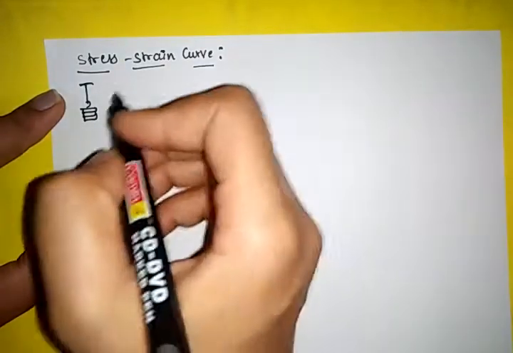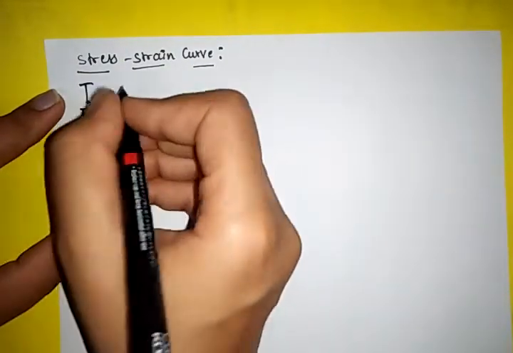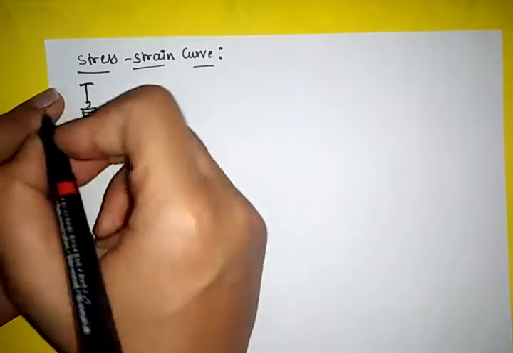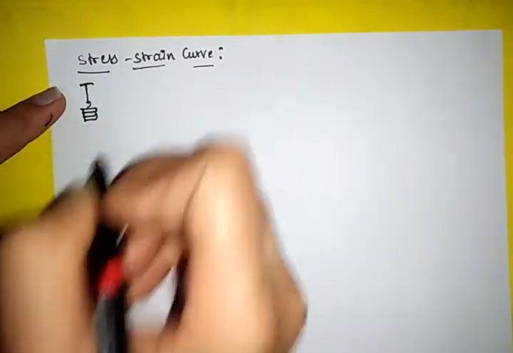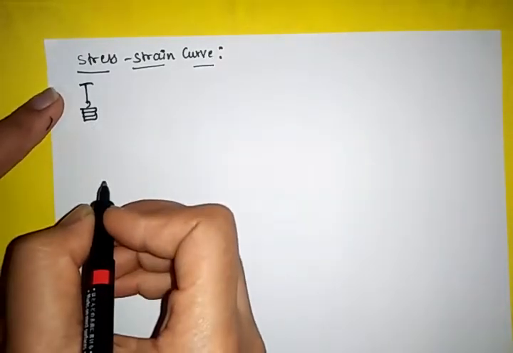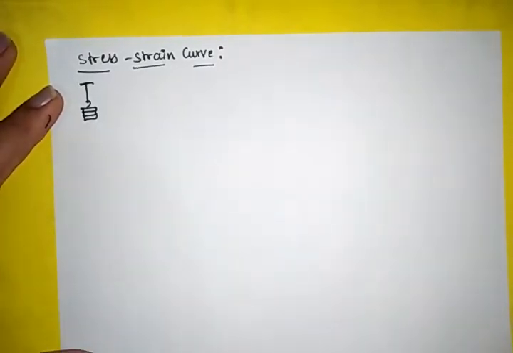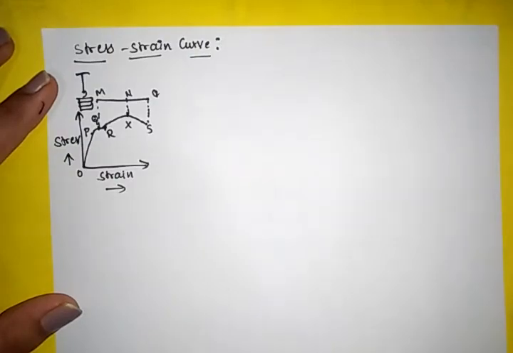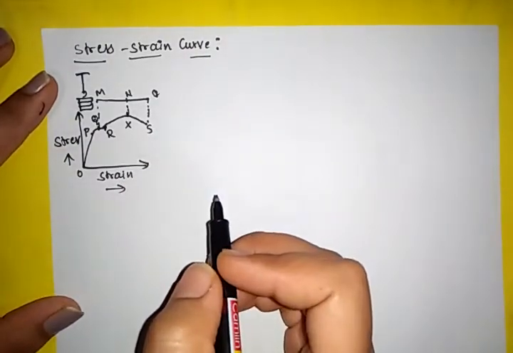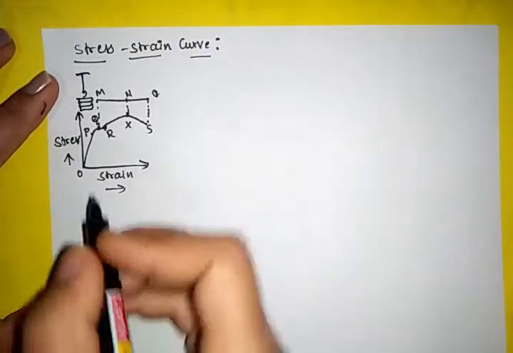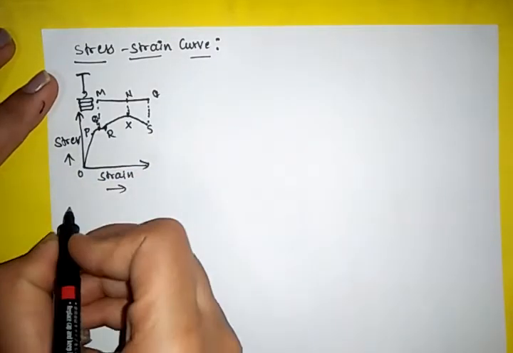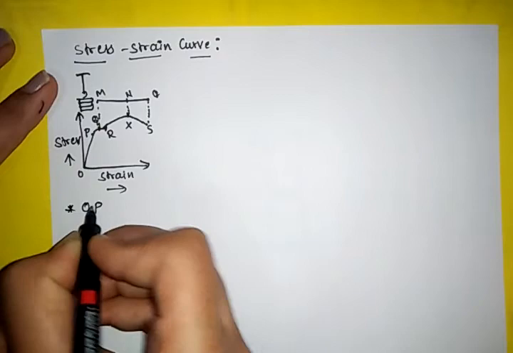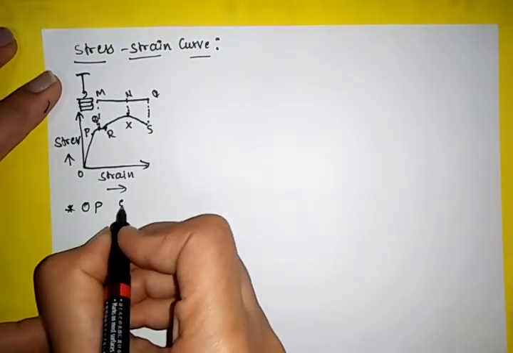In this case, the relationship between stress and strain is studied by plotting a graph of stress versus strain. Let us consider the stress strain curve. In this curve, the region OP represents the elastic region.